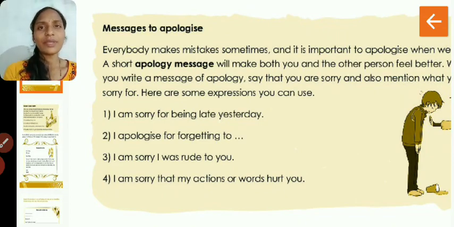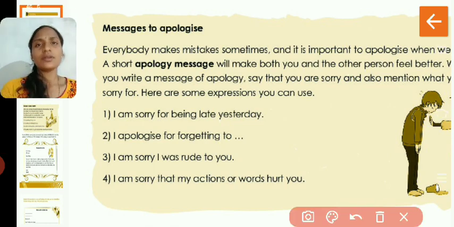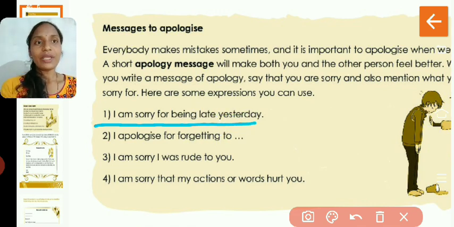So there are some expressions we can use when we write a message of apology. So which phrases, sentences, can we use? Yes, we can use I'm sorry for being late yesterday. Suppose you are late.